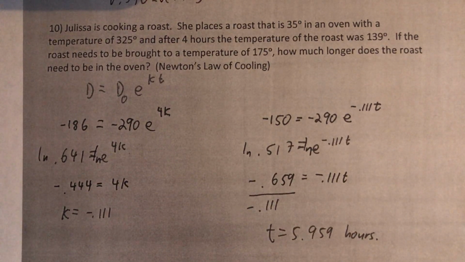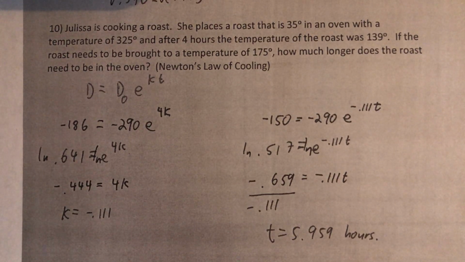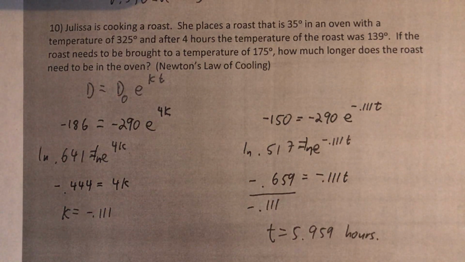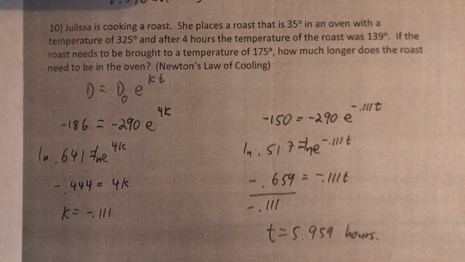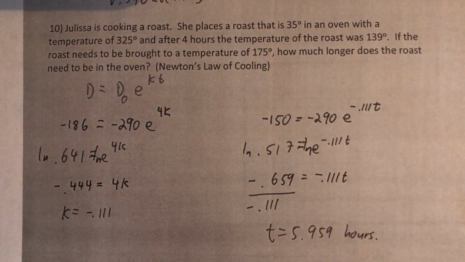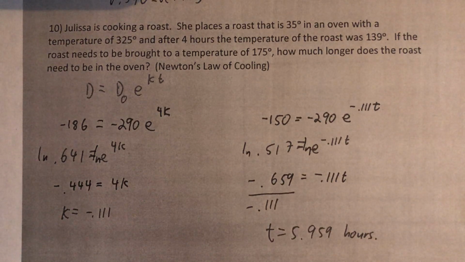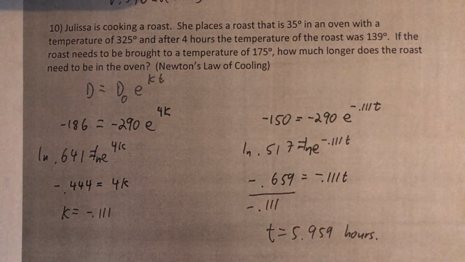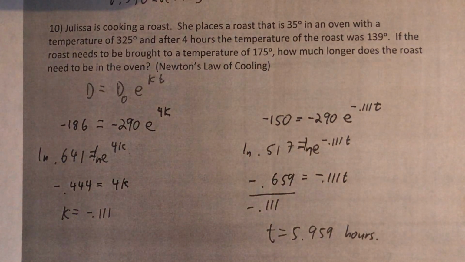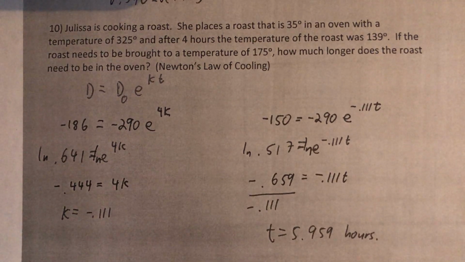Negative 150 divided by negative 290 equals 0.517. ln to get rid of the e, we get negative 0.659 equals negative 0.111t. Dividing by negative 0.111, we get 5.959 hours. So that's how long it's going to be in there total. It's already been in there 4 hours, so 1.959 hours is what is left.